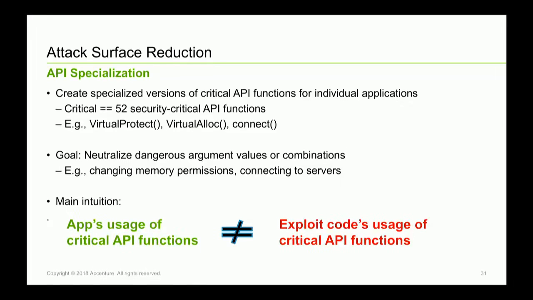The goal here is to analyze how the application passes arguments to these functions. Most of the time, the malicious application, the exploit, uses the same functions but in a different way, with different types of arguments. That's the main intuition behind this work, and hopefully that works. But spoiler alert, it does.